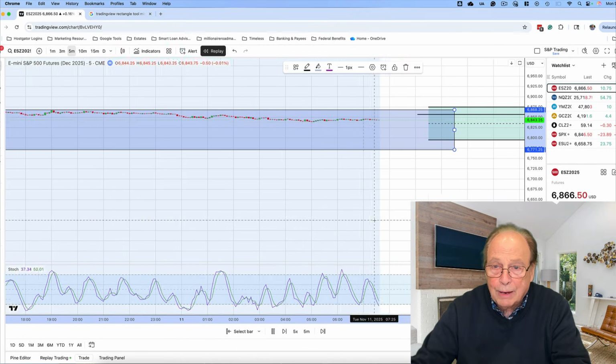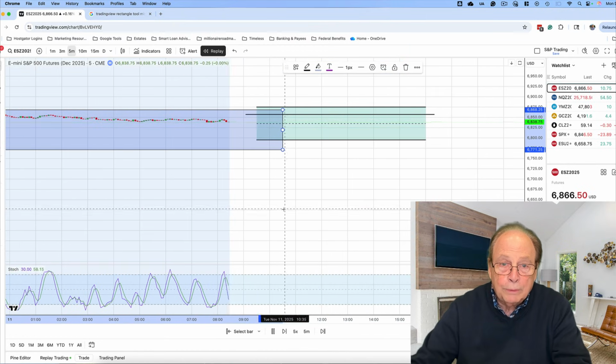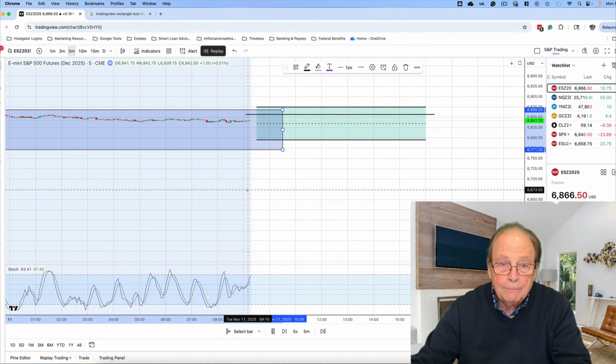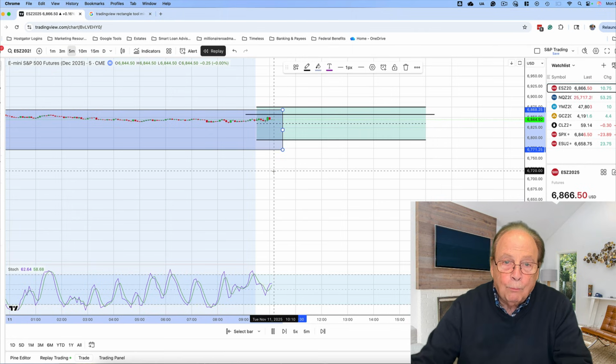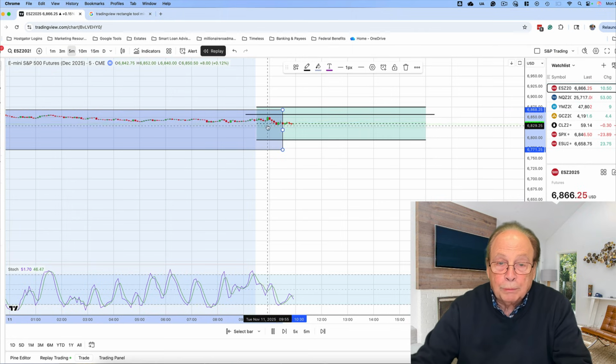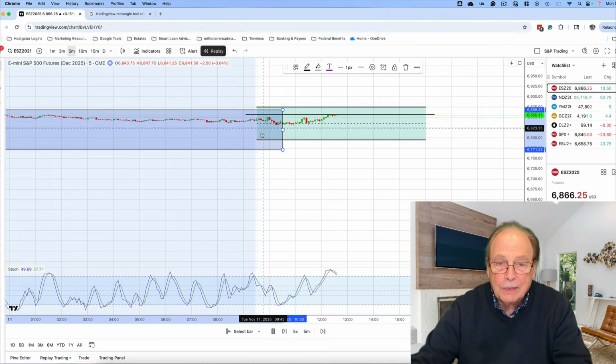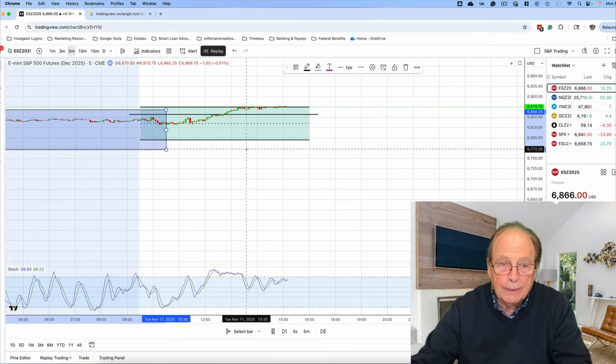Now, we're after hours here. So here, we're in the day session. And again, what he said was, when prices trade at the top of the box, it's the area of most resistance. And at the bottom of the box, area of most support, greatest support, okay?